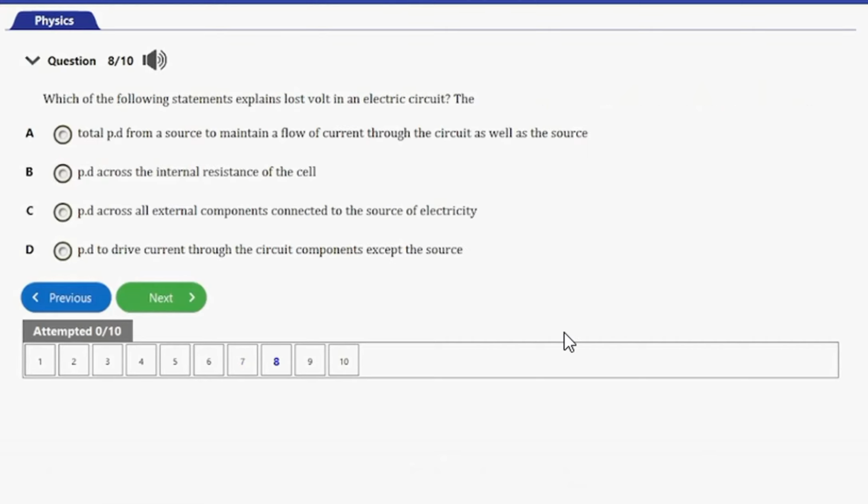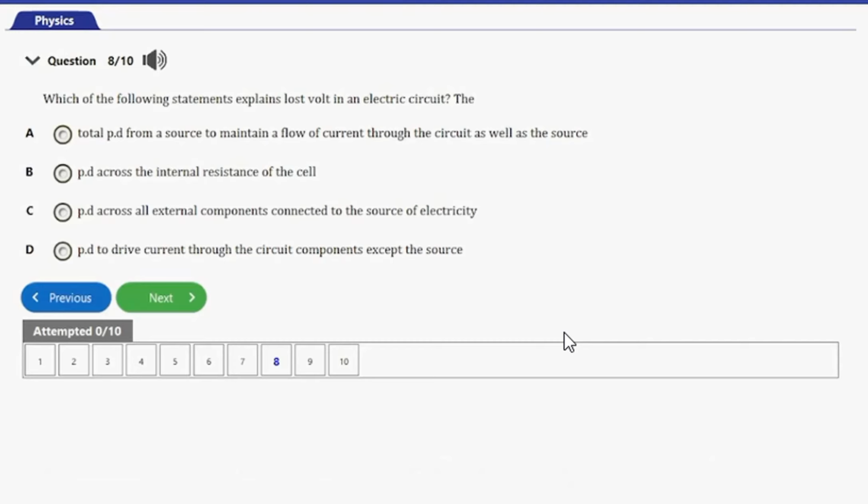So that's question number 8 here, and the question says, which of the following statements explains lost volts in an electric circuit? A, total potential difference from a source to maintain a flow of current through the circuit as well as the source. B, potential difference across the internal resistance of the cell.